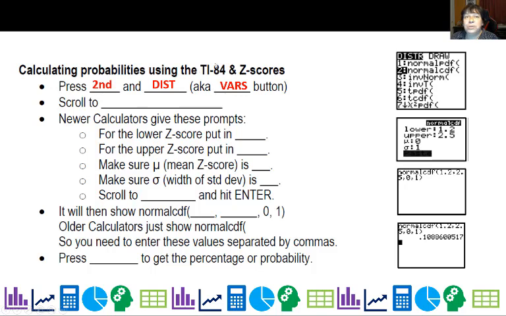The distribution, in case you forgot which one it is, that's the VARS button. And we're going to scroll to this 2, which is normal CDF. And then you're going to get this screen, and you can put in the lower and the upper. So that's the left and the right boundaries. And then make sure your mu is 0 and sigma is 1.